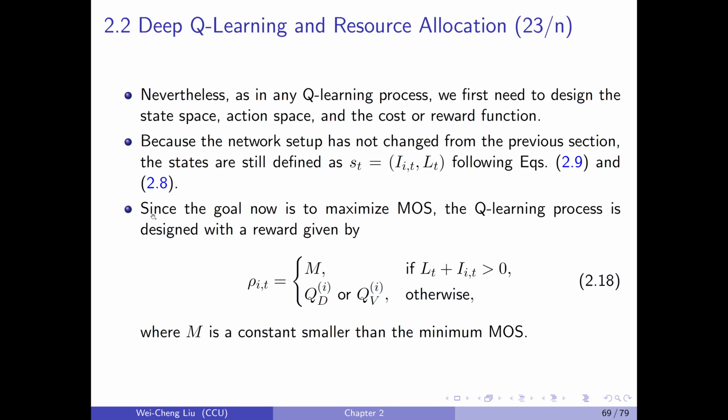Good. Since the goal now is to maximize MOS, the Q-learning process is designed with a reward given by rho_i^t equal to M if L_t plus I_t is greater than 0, and rho_i^t equal to Q_D_i or Q_V_i otherwise, where M is a constant smaller than the minimum MOS.